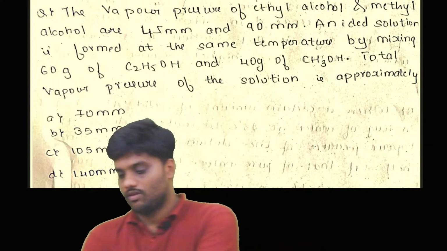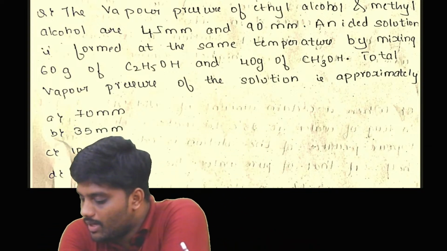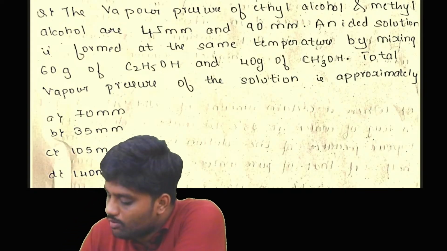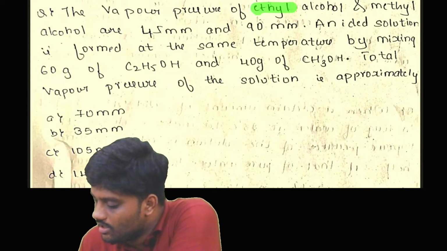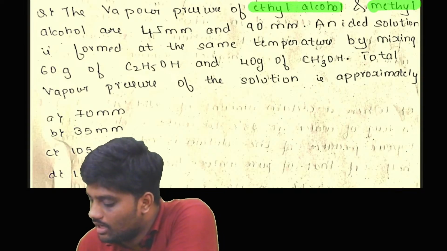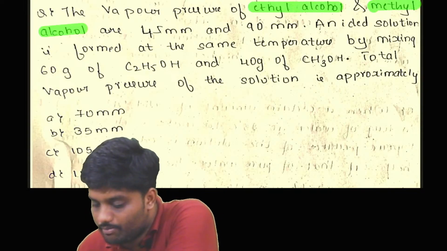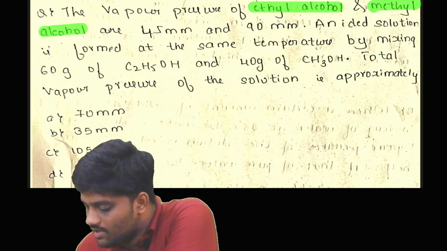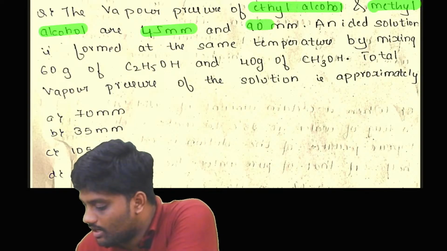See, the vapor pressures of ethyl alcohol and methyl alcohol are given as 45 and 90 mm.